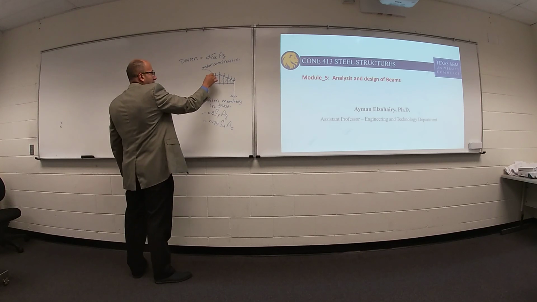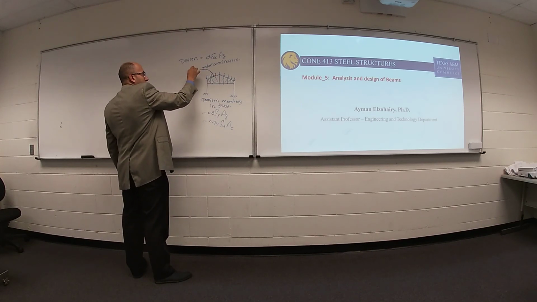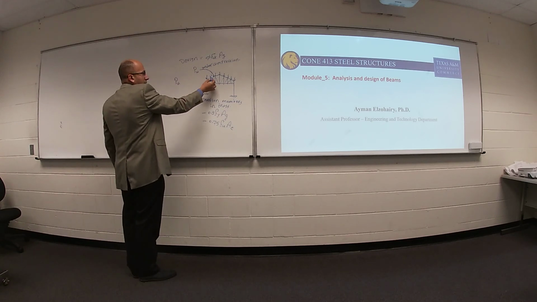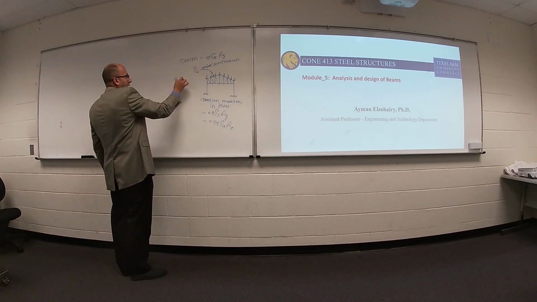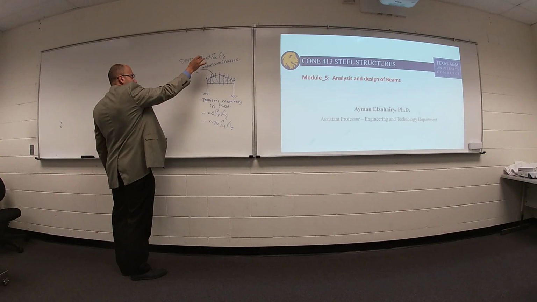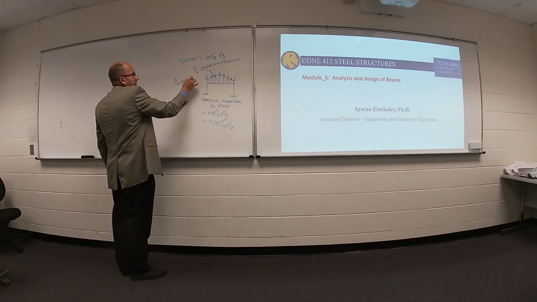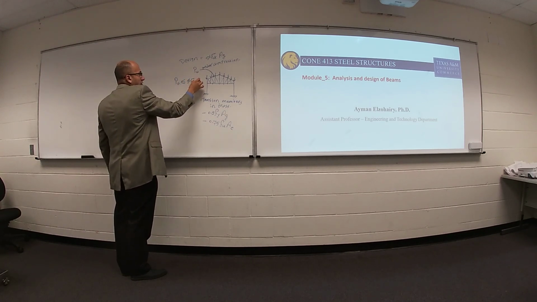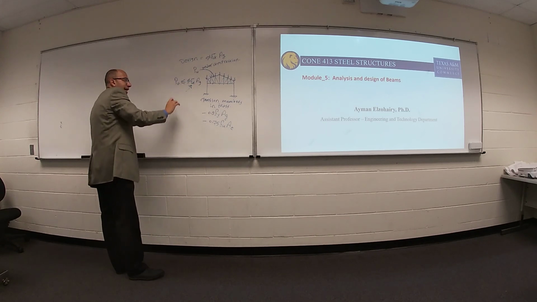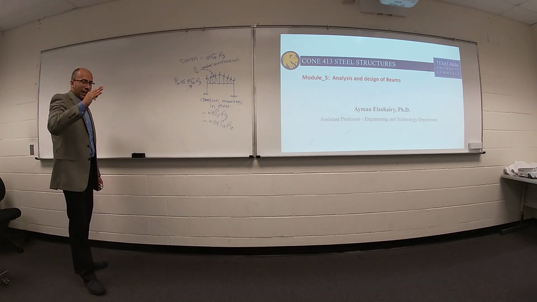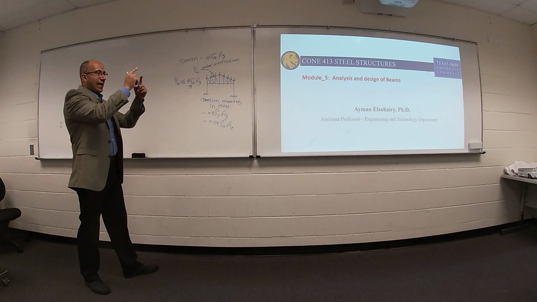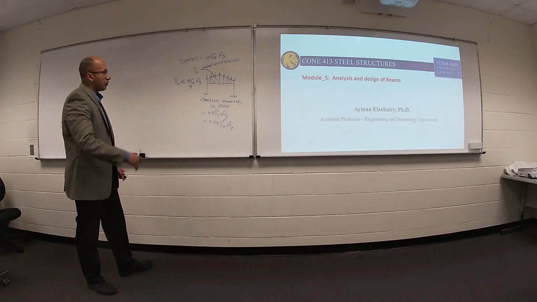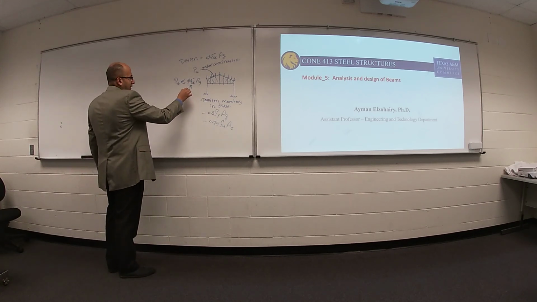That means the force in your member, which called P ultimate from RISA must be smaller than or equal this value, phi F critical area gross. Anybody remember where we can get F critical? We have two options. We can use table or we can use some equations. We like tables. It's very easy.